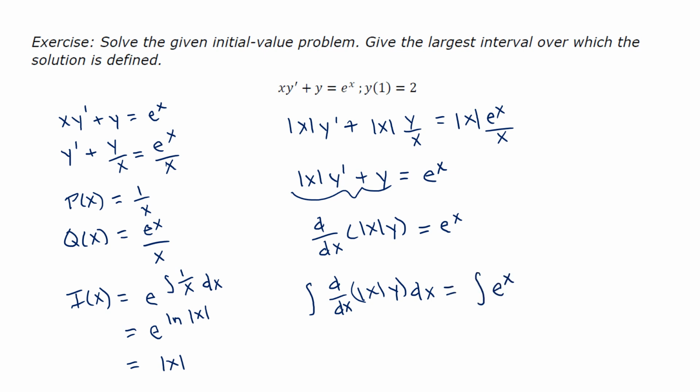Okay. When we integrate both sides, we'll get the absolute value of x y equals e to the power x plus c. Okay. So now we can solve for y. So we have the absolute value of x y equals e to the power x plus c.